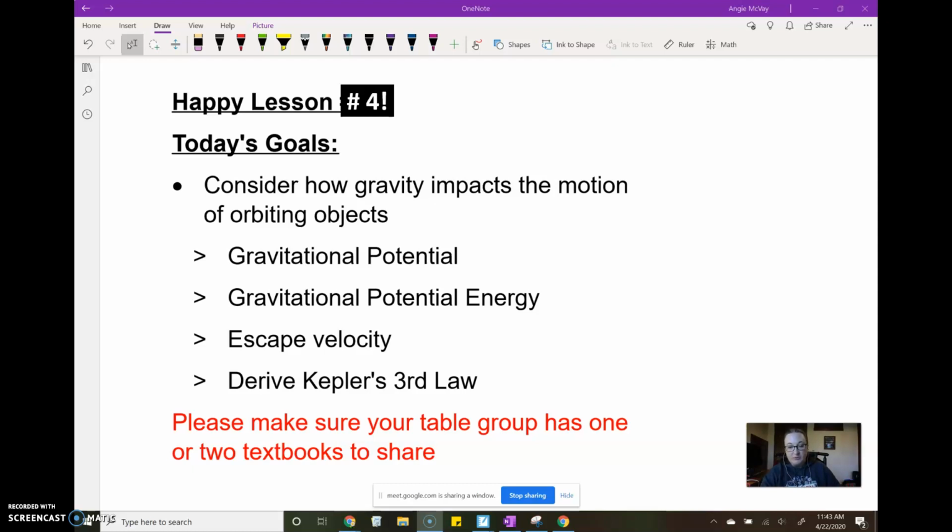Something that will be helpful for you all to have available is the front cover of your textbook, which has all of those distances like the radius and mass of the Earth, the radius and mass of the Sun, Moon, and the distances from the surface of the Earth to the surface of the Moon and stuff like that.